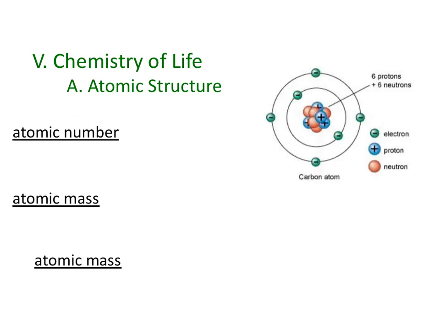So again, just to reiterate, atomic number is the number of protons. Atomic mass is number of protons plus number of neutrons.